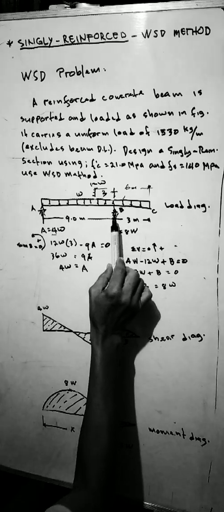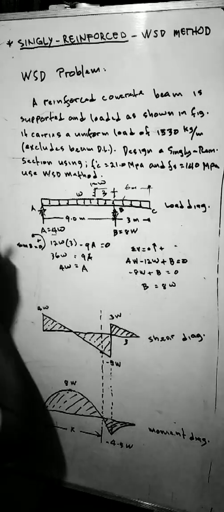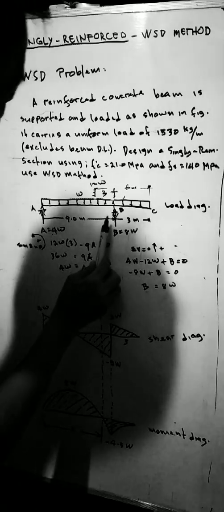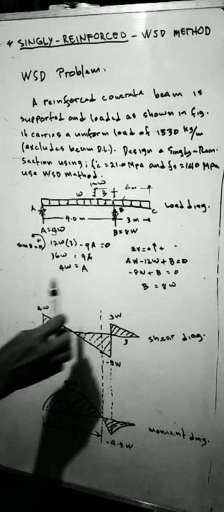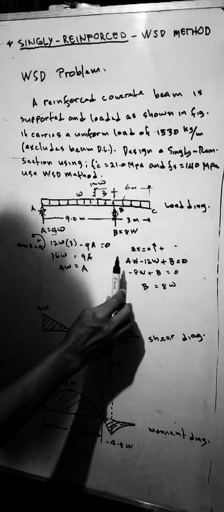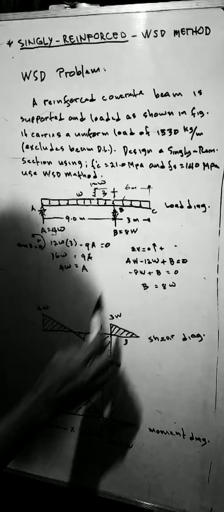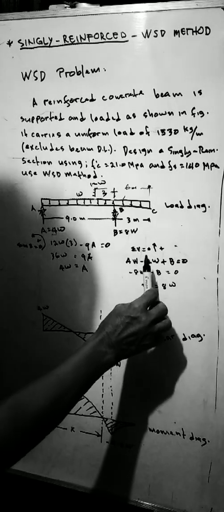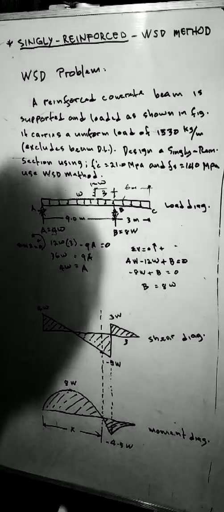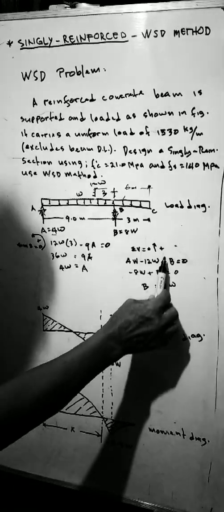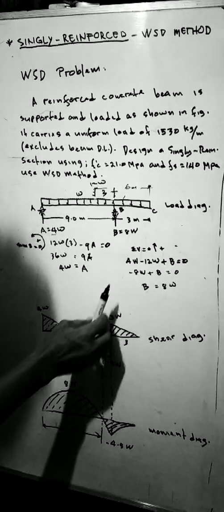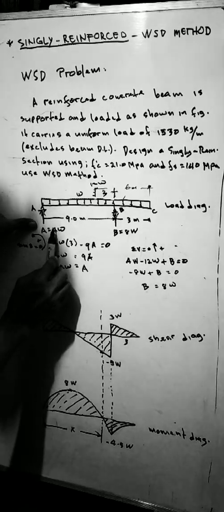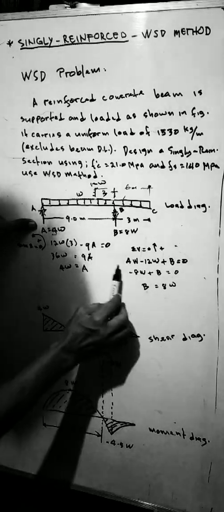And the reaction here at support B, we solve it by summation of vertical force equals 0, assuming the force going up is positive. The A, that is 4W, is going up, so positive.